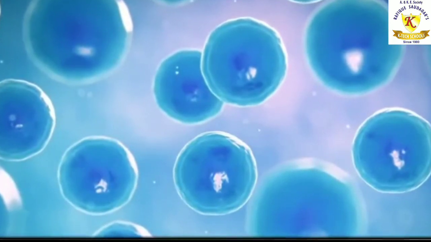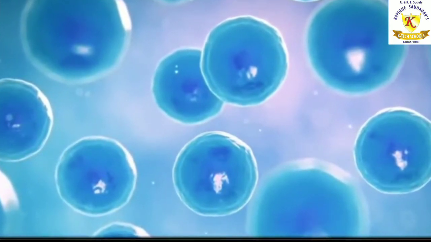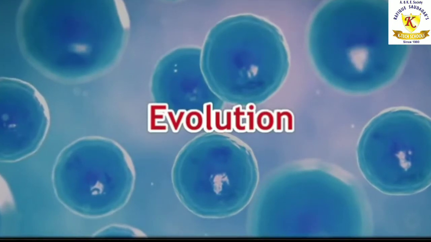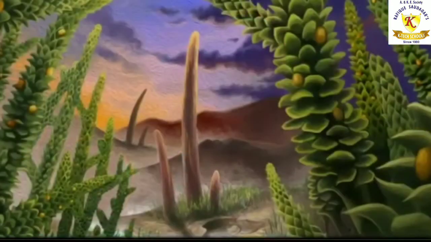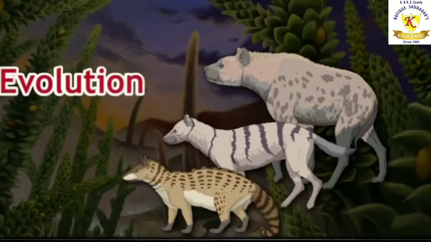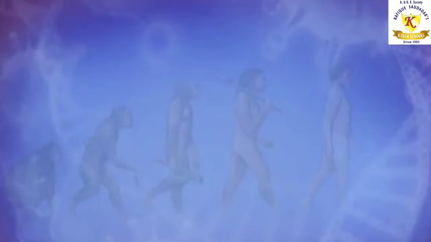Hence, this overall process is called evolution. Progressive development of plants and animals from ancestors having different structural and functional organization is called evolution. Are you getting me, children?